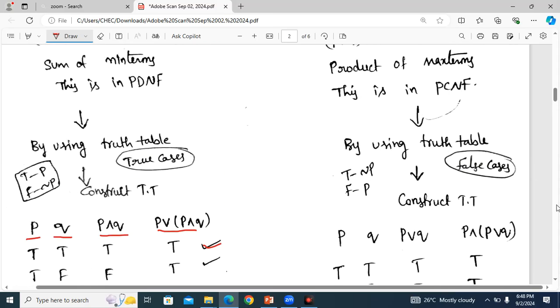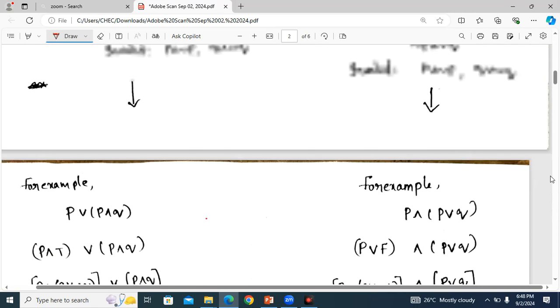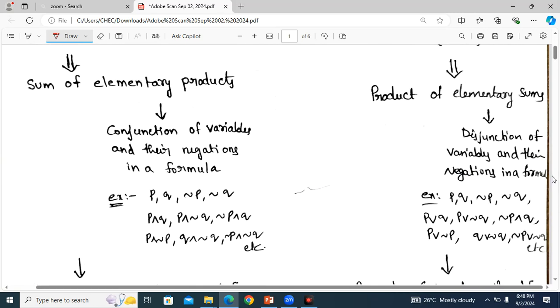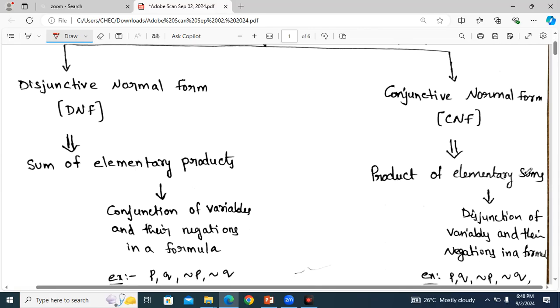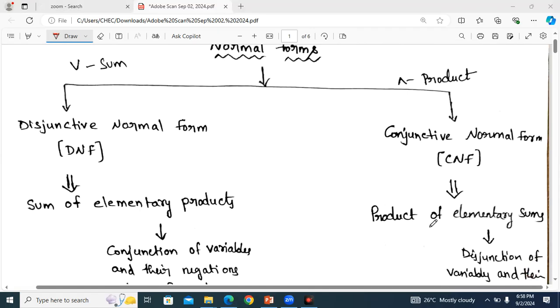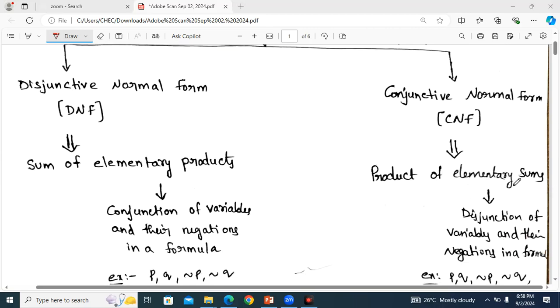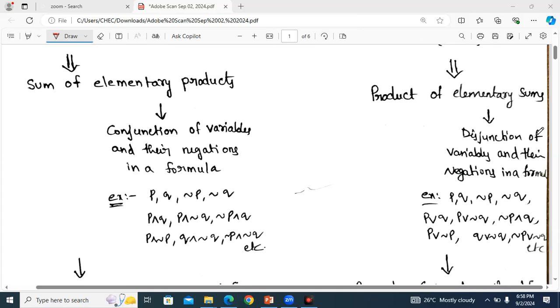Okay. Now we discuss conjunctive normal form. Conjunctive normal form is defined as a product of elementary sums. So what are elementary sums? An elementary sum is a disjunction of variables and their negations in a formula.